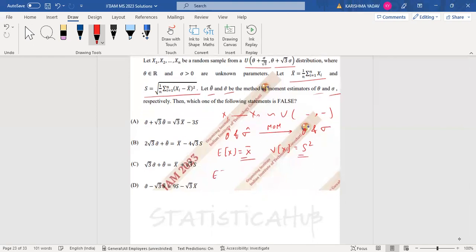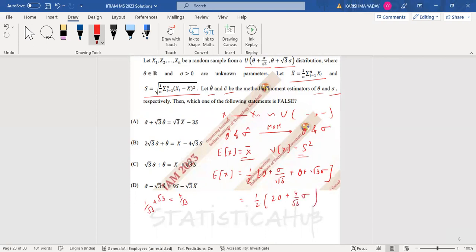So what is the expectation of x when the xi's are random variables following uniform a comma b? Then the mean is a plus b by 2. Let's apply it. The expectation of x would be 1 by 2 times (theta plus sigma by root 3 plus theta plus root 3 sigma), which equals 1 by 2 times (2 theta plus (1 by root 3 plus root 3) sigma), and that is 4 by root 3 sigma.